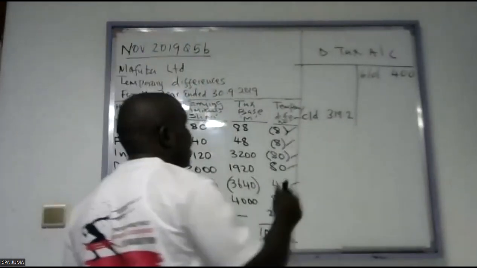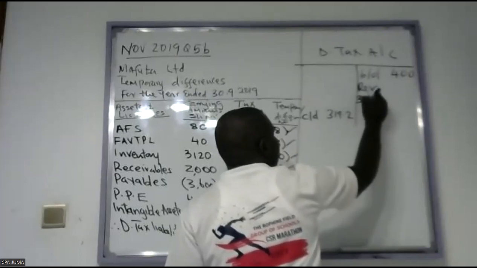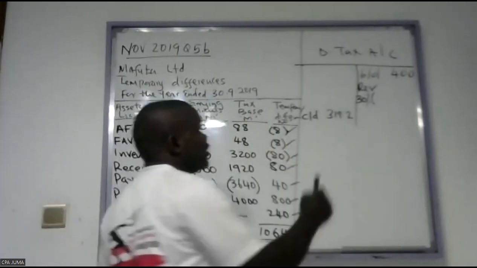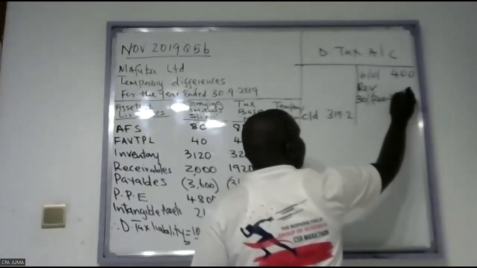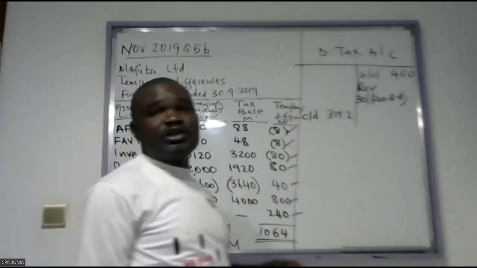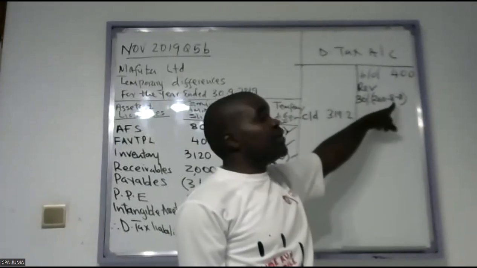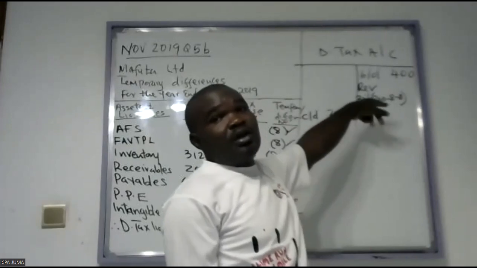Revaluation at 30%: we had 200, which is 200 minus 8 minus 8. In note 1 there was a loss of 88 for those 2 assets, while this one was a revaluation gain.